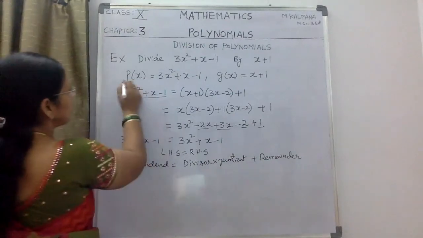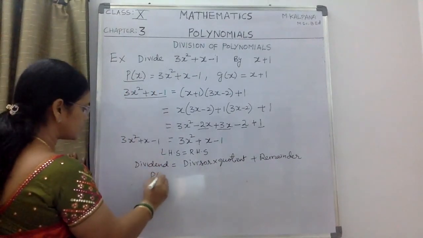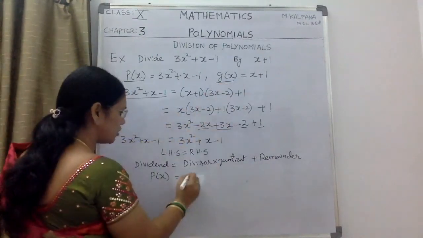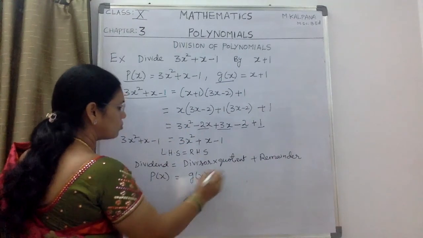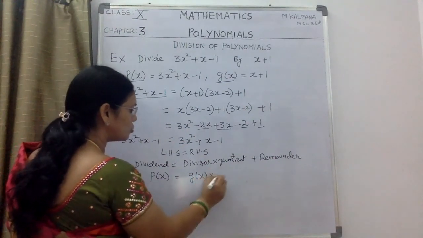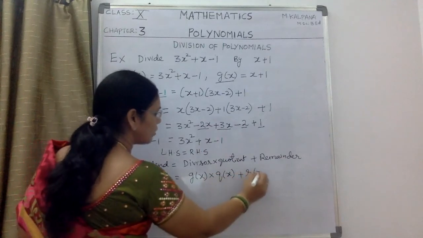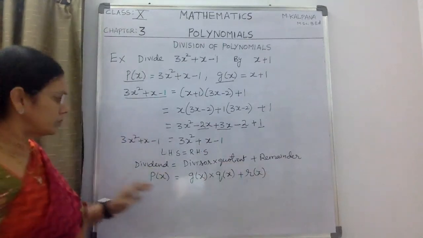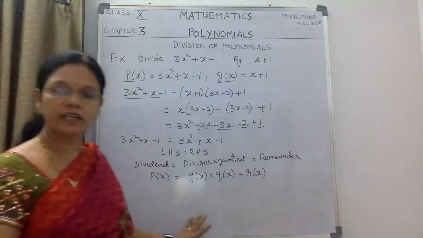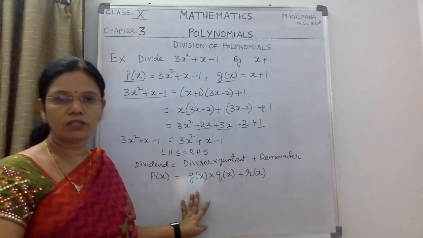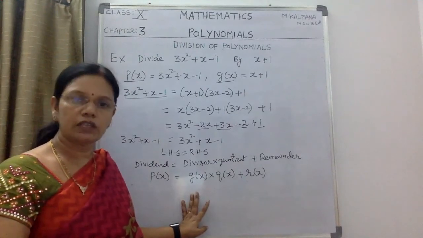Dividend we have denoted with P of x, and divisor we have denoted with G of x, and quotient we have denoted with Q of x, remainder R, that is R of x. So by this we can state a statement here that is called division algorithm, children.